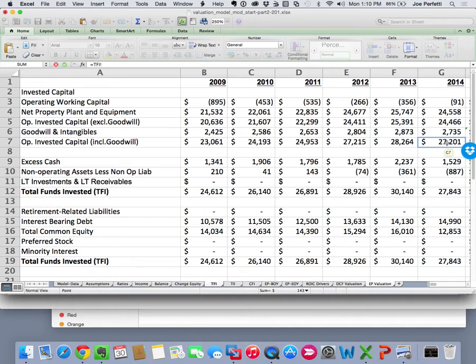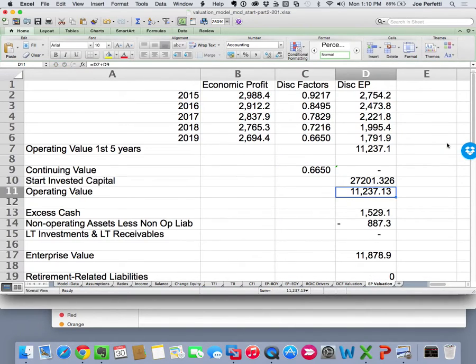So G7. So the idea is I start with $27 billion worth of invested capital in my business, and then I'm going to add or subtract to that value to get to my operating value. And my operating value is going to be the sum of three things: the first 5 years, the continuing value, and the starting invested capital.